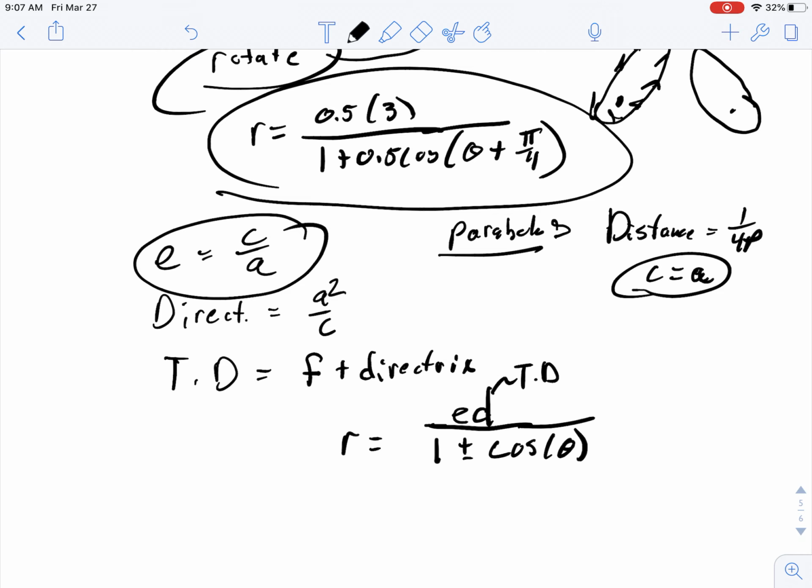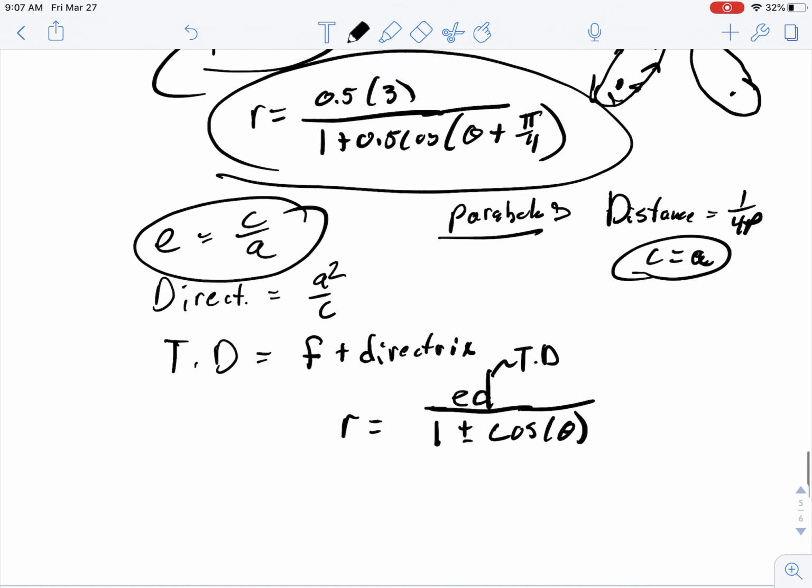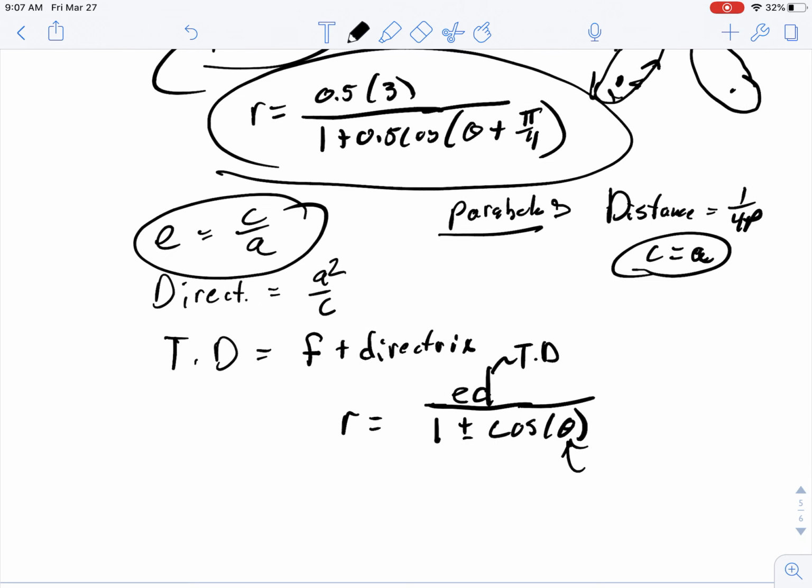So they say cosine of theta. And if you want to rotate it, just add something to that angle. When you add it, it rotates things around. All right, so those are the general equations you've got to keep track of, and hopefully it's starting to make sense.